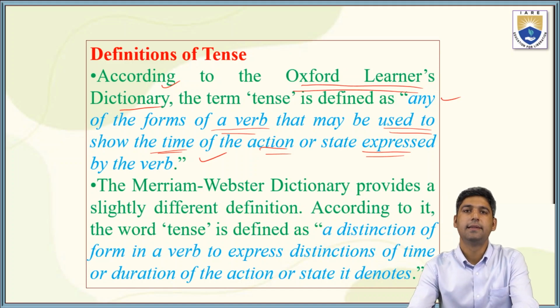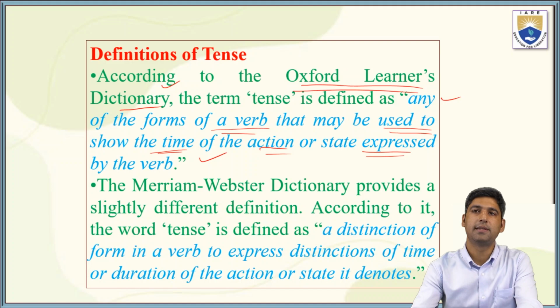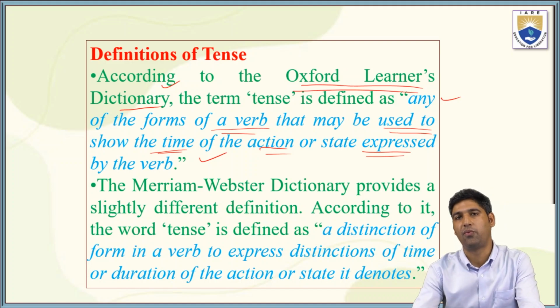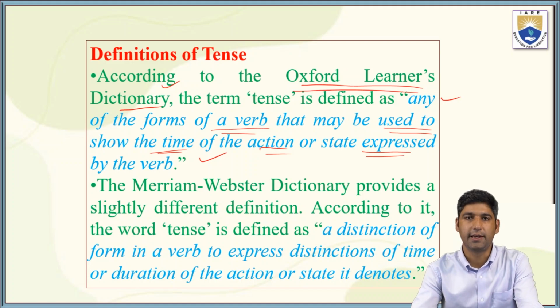So the Oxford Learner's Dictionary says that tense means any form of verb. There are forms of verb: present, past, past participle. We have the present indefinite form, we have the continuous form.